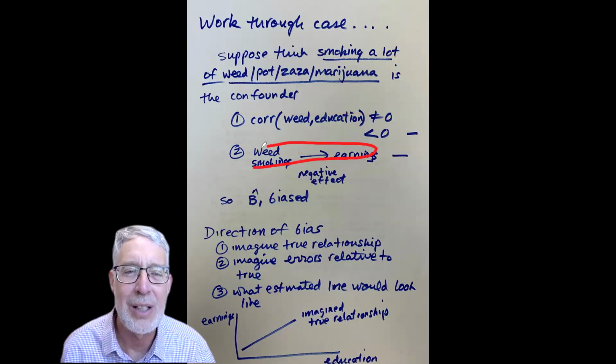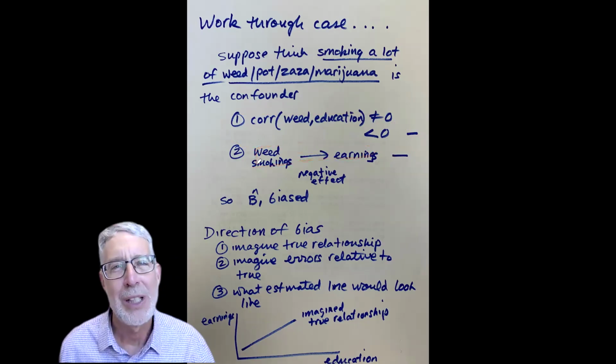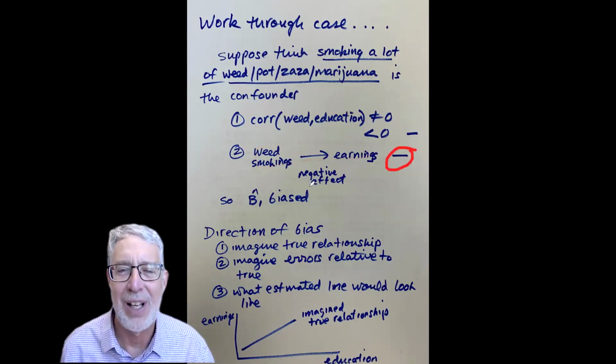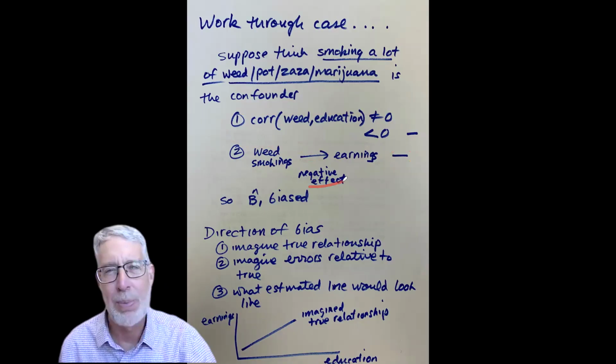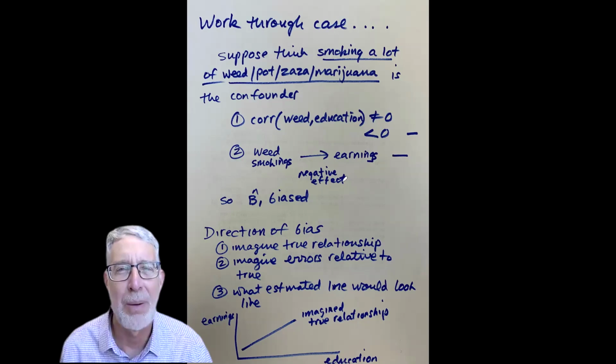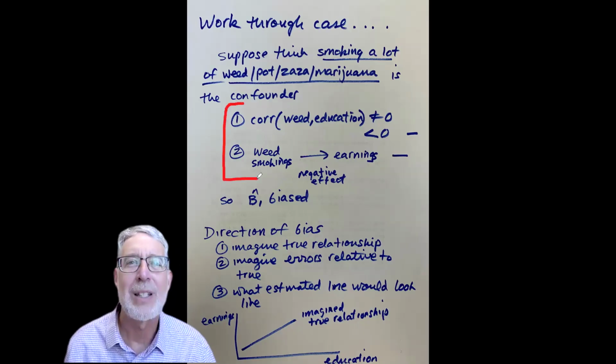And we might also think that smoking a lot of pot has an effect on your earnings, and it's probably a negative effect. That is, the more pot you smoke when you're out working, the more your manager knows you're high all the time, not being very efficient, not being very effective, and so you'll earn lower. So our confounder meets the two-part test, and so beta 1 hat would be biased.